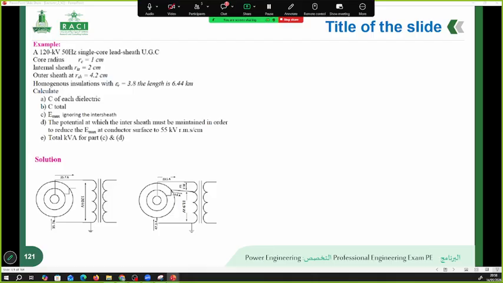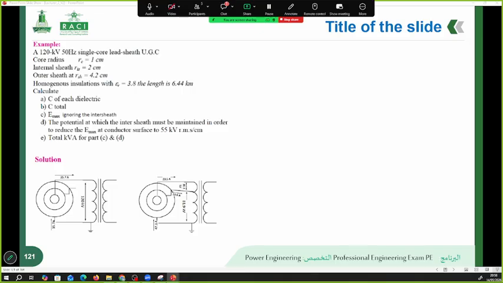First, determining the capacitance of each dielectric layer, followed by the total capacitance of the cable. It then examines the maximum electric stress at the conductor surface when the intersheath is ignored, highlighting the importance of electric field distribution.